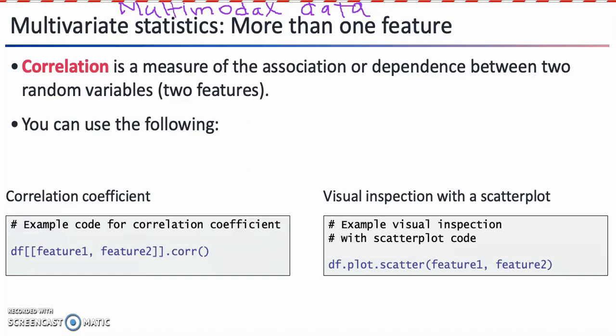And so you may address this by considering groups of 2 features at a time and then exploring if there is an association. A visual diagnostic would be to create a scatter plot of one of these columns versus the other one. But you could also compute these so-called correlation coefficients.